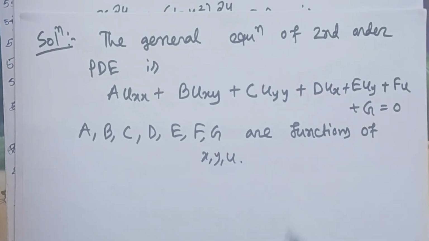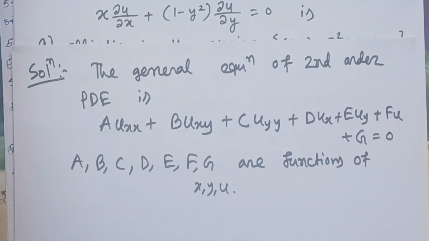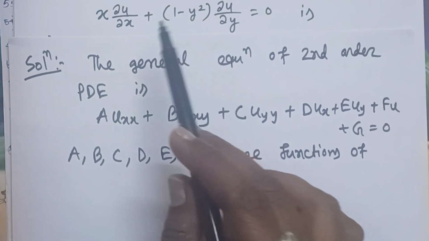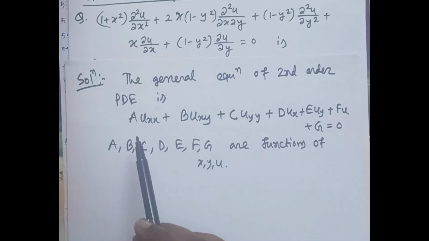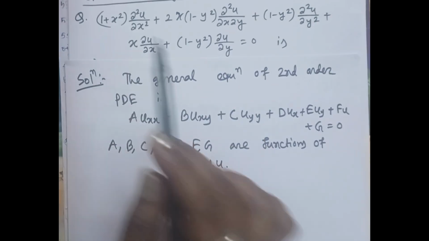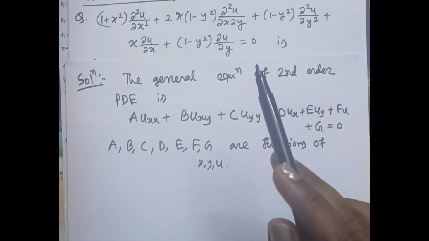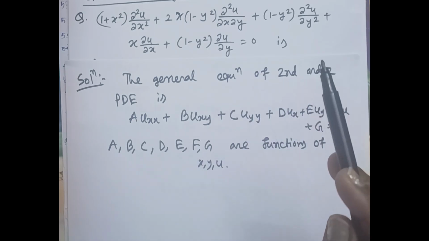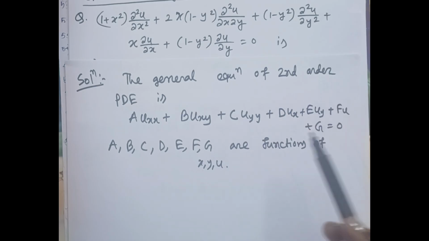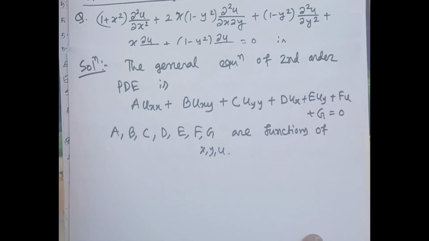So this is the general equation, and for the classification of this type of question we need b square minus 4ac. You can see that a equals 1 plus x square, b equals 2x into 1 minus y square and c equals 1 minus y square, because we can compare this equation with the given equation.